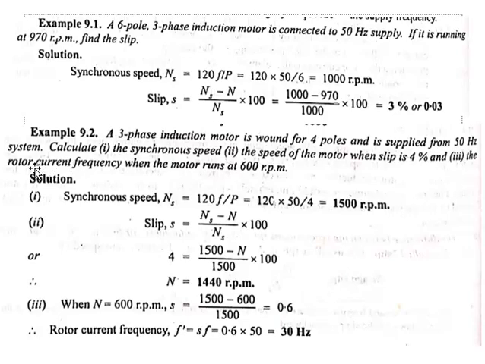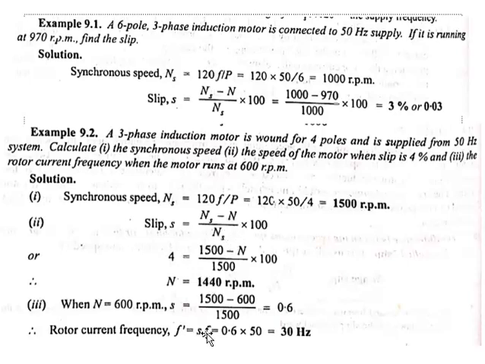The last thing we have to find is the rotor current frequency when the motor runs at 600 RPM. Formula is f dash is equal to s into f. f is given as 50 hertz. Now we have to calculate the slip at 600 RPM. Same formula, s is equal to (Ns minus N) divided by Ns.